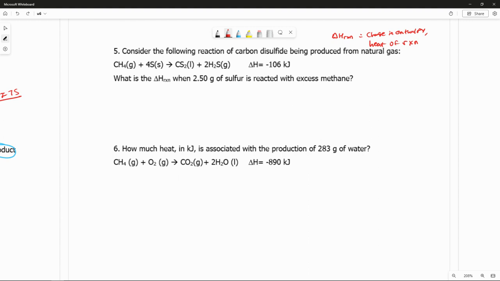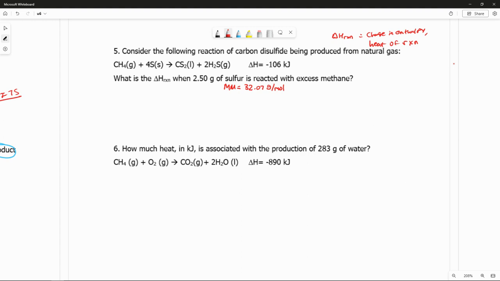So it asks us, what is the delta H RXN when 2.5 grams of sulfur is reacted with excess methane? We have to use dimensional analysis to solve for moles first, and then convert those moles using our conversion factors from our equation and our delta H to find the delta H RXN. The molar mass of sulfur is 32.07 grams per mole.